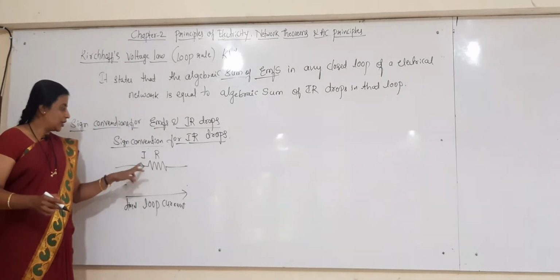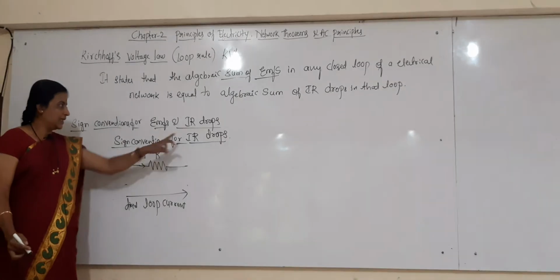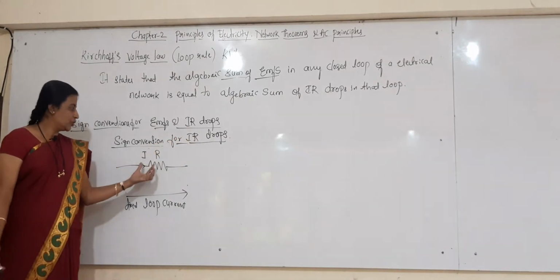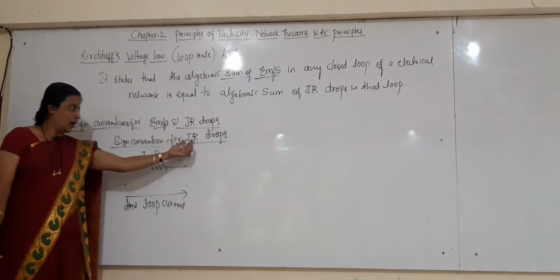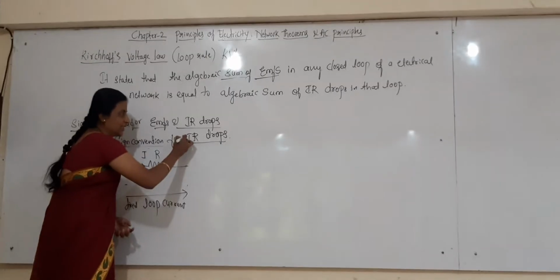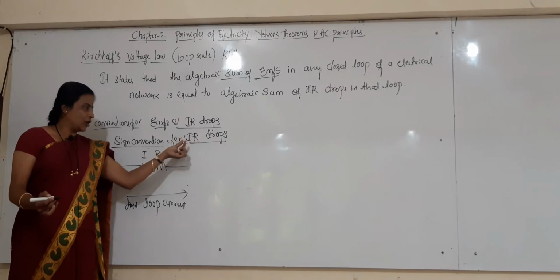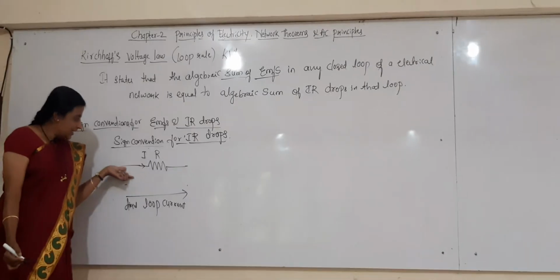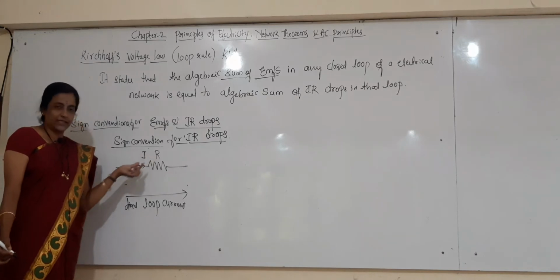IR drop is nothing but the product of your current into resistance. So, here to find the IR drop, what sign should be used before this, whether it is a plus IR or minus IR.